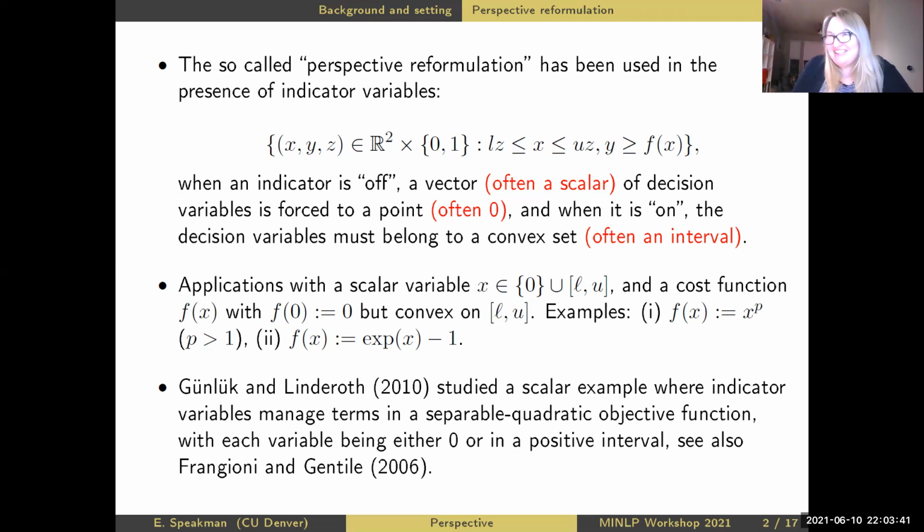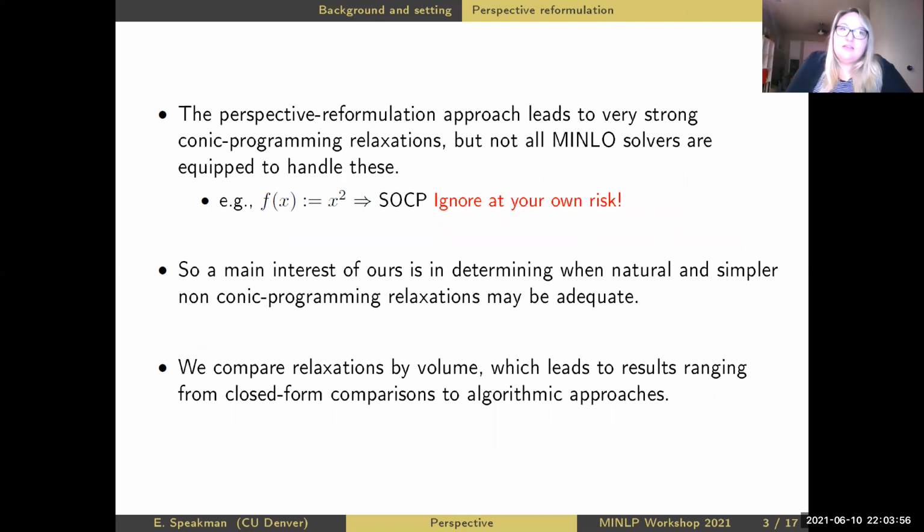A very common application is when our power function is in fact just a quadratic function. And this has been studied in this 2010 paper and this 2006 paper in particular. So the perspective reformulation for these types of problems with indicator variables leads to very strong conic programming relaxations.